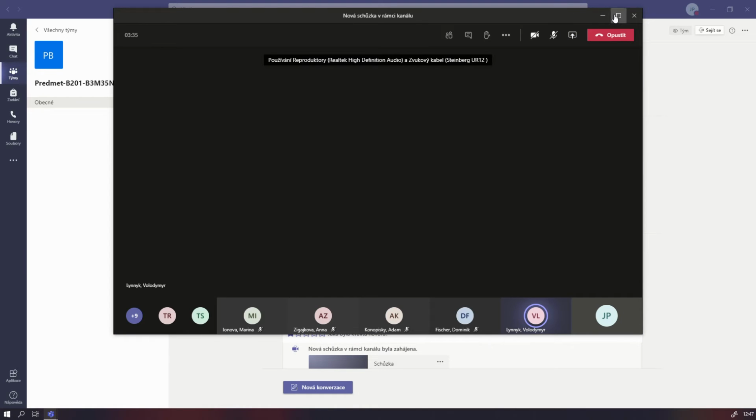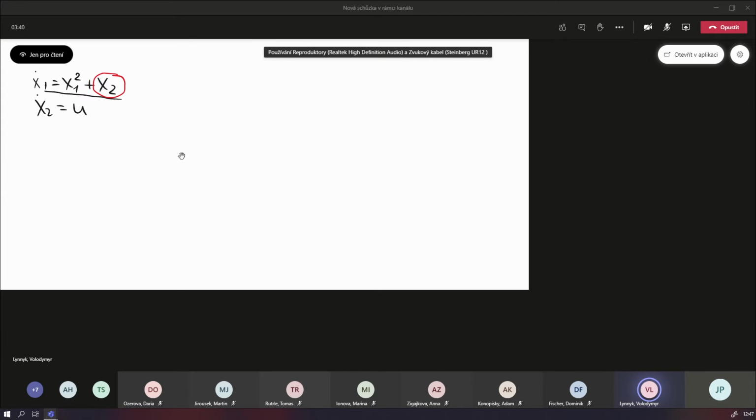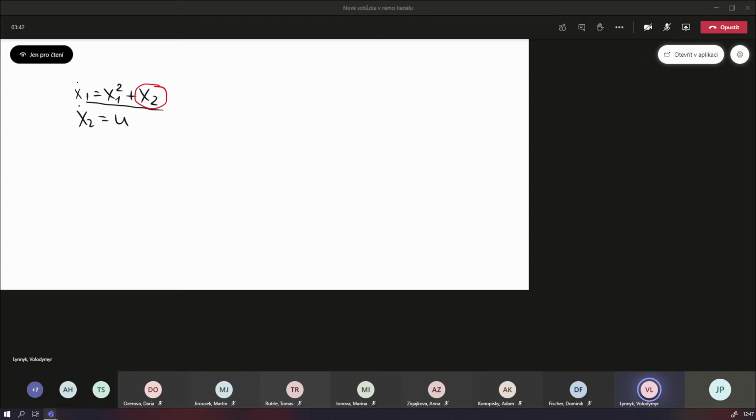The input u is used to stabilize the first row. Let's write the first row: x1 dot equals x1 squared plus some additional input u tilde, and now we need to choose some control to stabilize this row. Any idea?